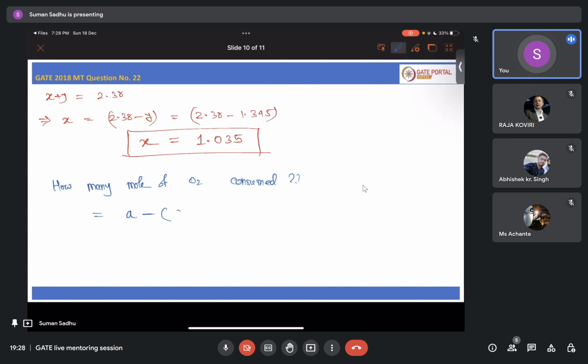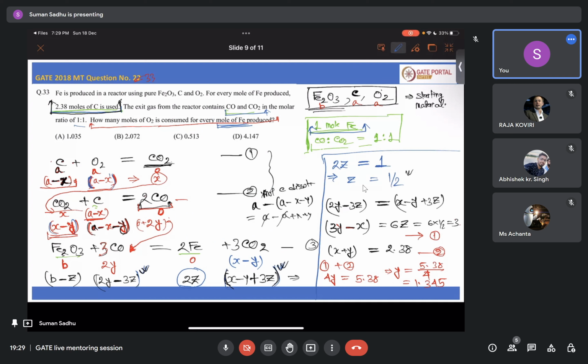Now you have a minus x moles of oxygen. So that means x moles are dissociated, and x means 1.035 moles. So this is the oxygen that is required to form one mole of Fe. Okay, understood.